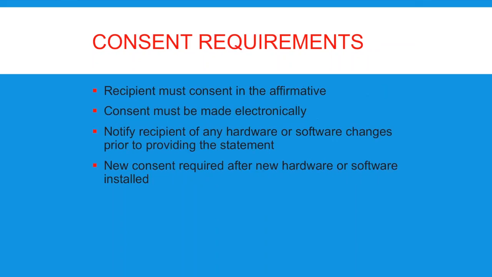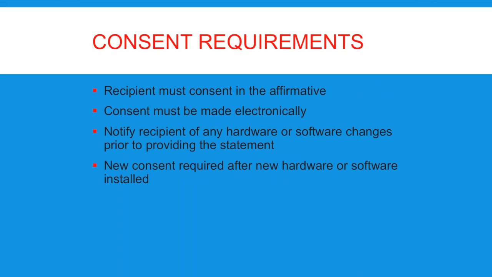Regarding the consent requirements, the recipient that you want to send an electronic statement to has to accept in the affirmative that they are willing to accept that electronic statement from you, rather than getting a paper copy delivered via mail. They have to do that electronically, so you have to send them the request the same way that they're going to get that electronic form.